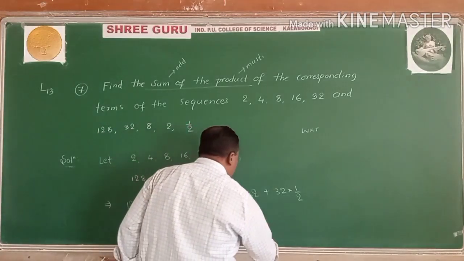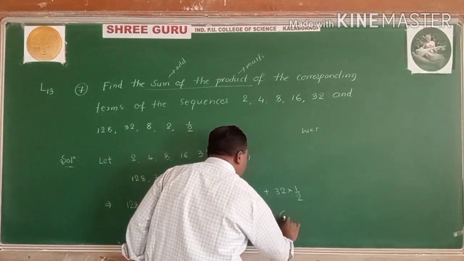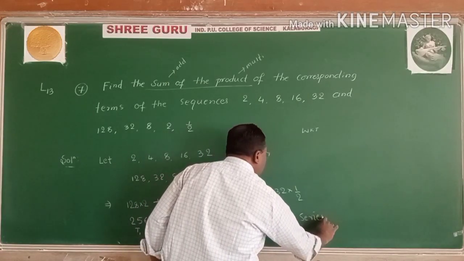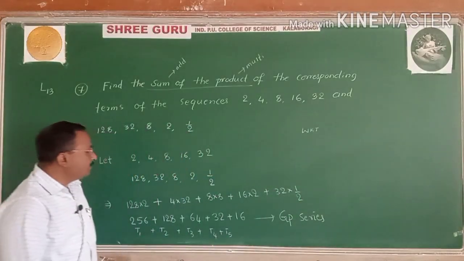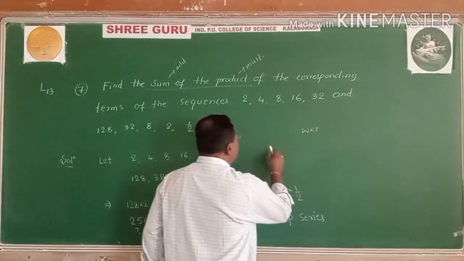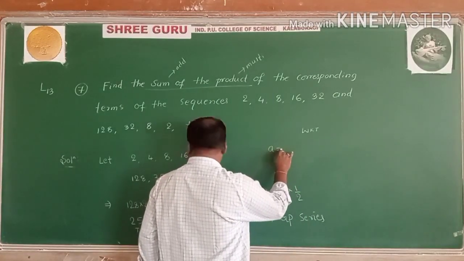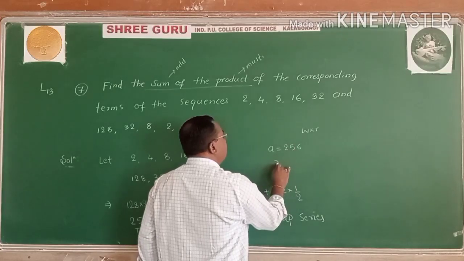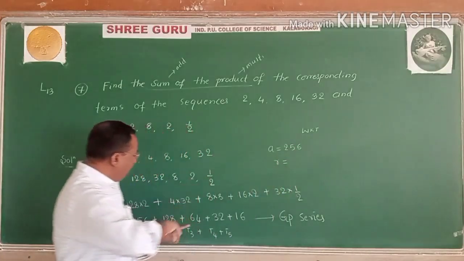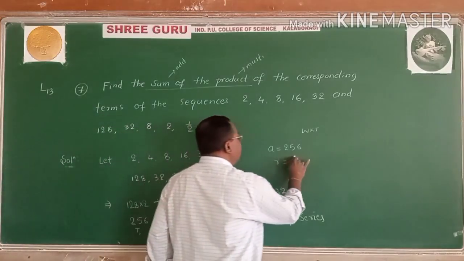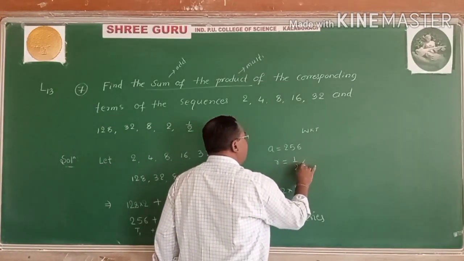This is a GP series, where A is 256. Common ratio is any term divided by the previous term, 128 by 256 is 1 by 2, less than 1.